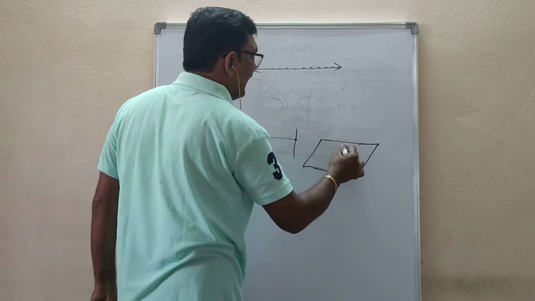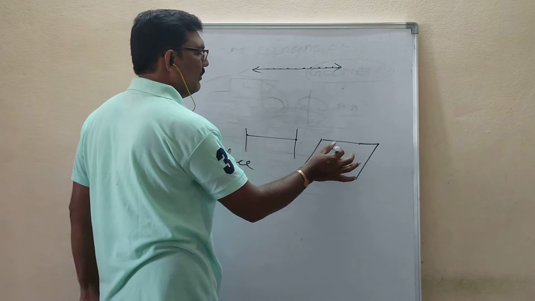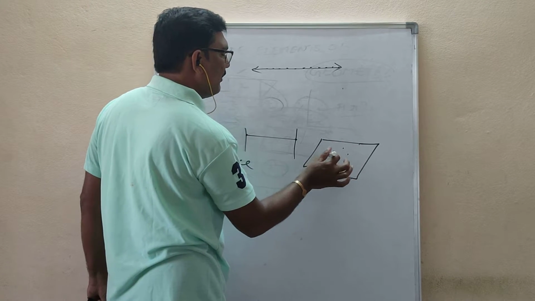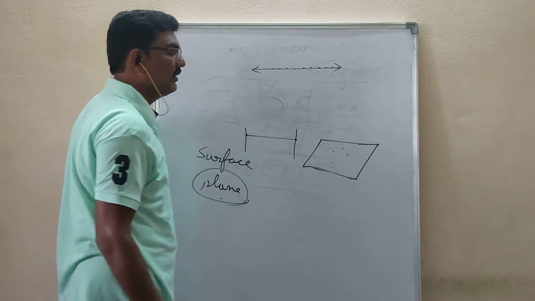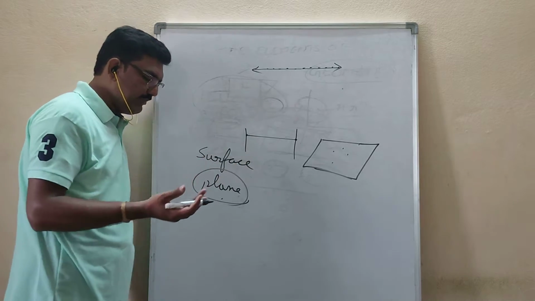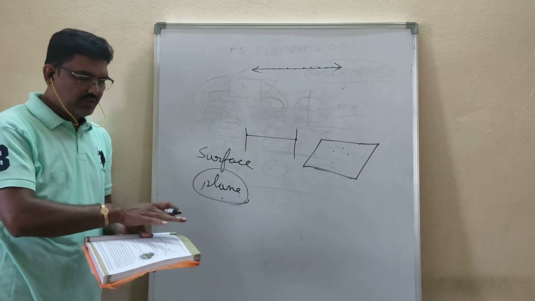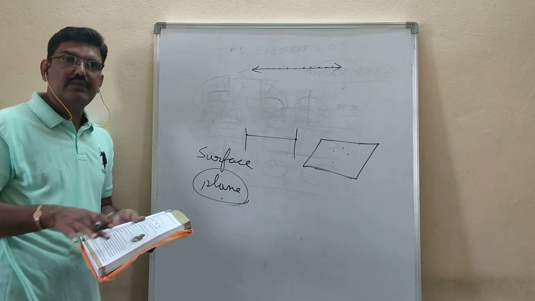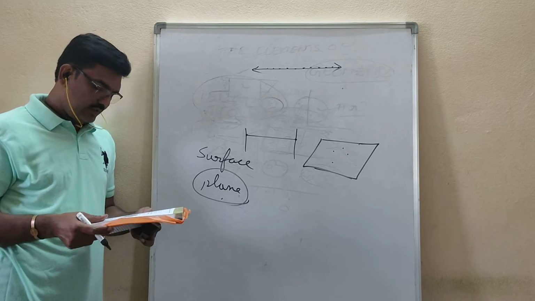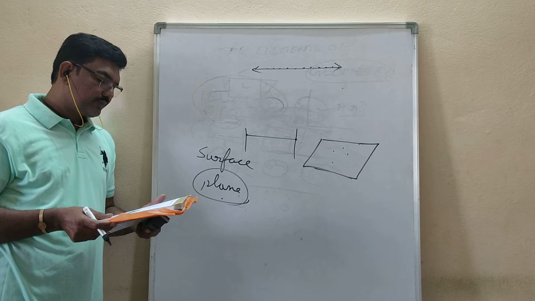This is a plane, and if I keep a point in it, some points are there in this plane. So surface means the same thing. If you take a textbook, the top of it is called a surface, and a surface occupies some sort of area.